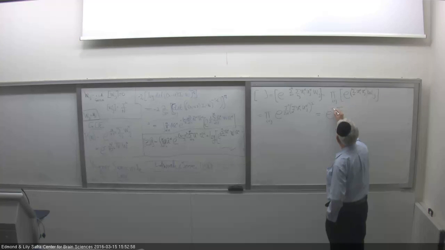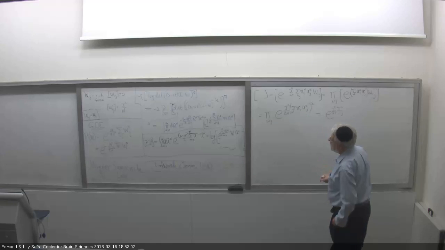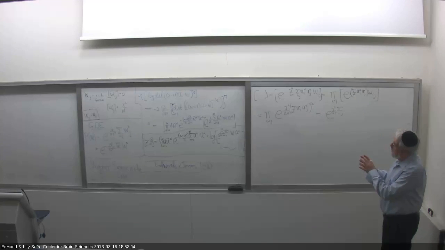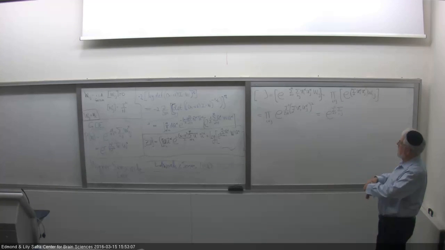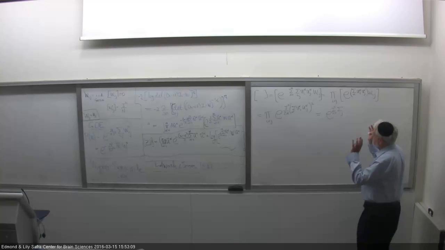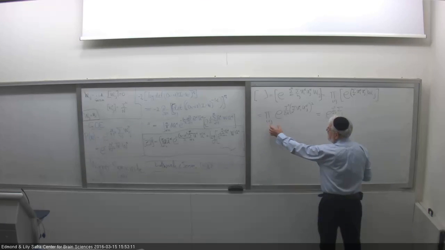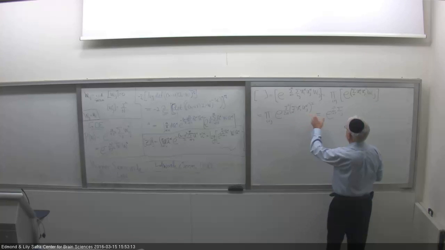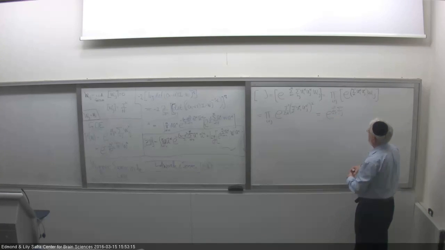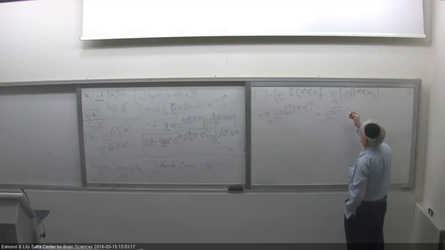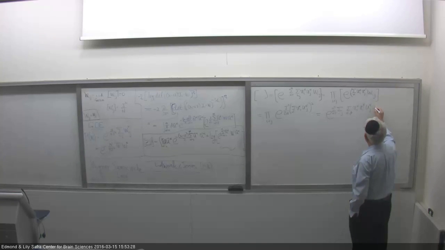I'll have here J squared over 4n, because I'm now allowing i equal to j. You see, in all these manipulations I ignore i equal to j. It doesn't matter at large n. So when I have i less than j and I want to write just ij, I just divide by 4, and then I have the sum over alpha, sum over beta, ui alpha, ui beta, uj alpha, uj beta.